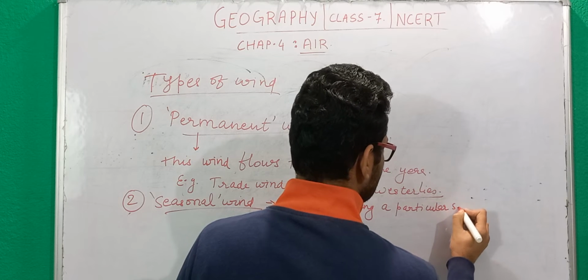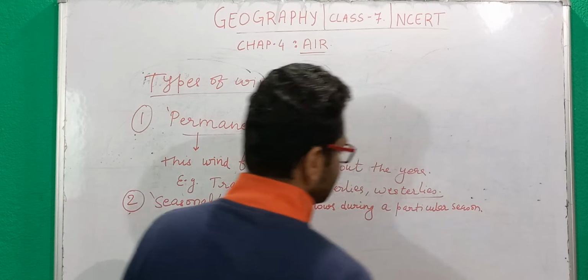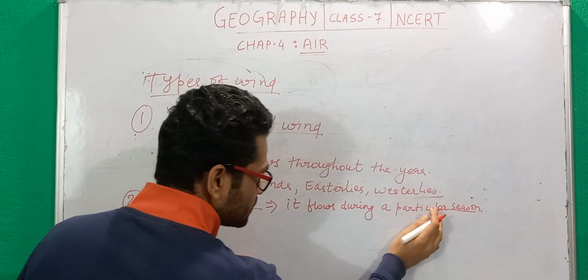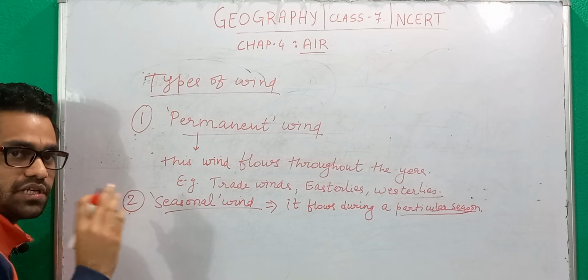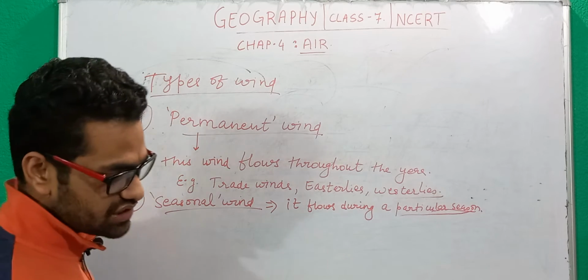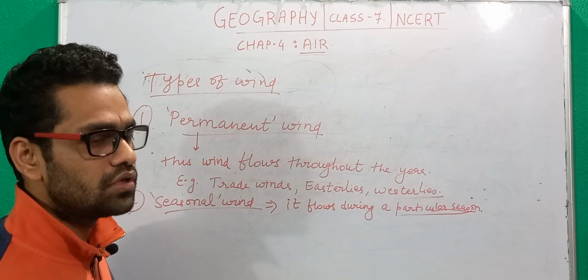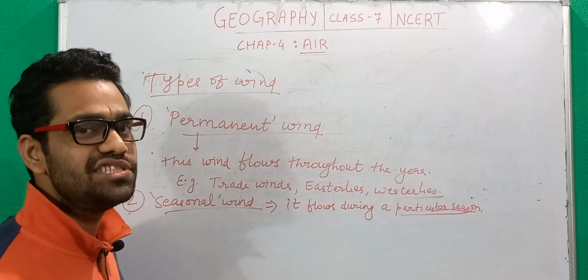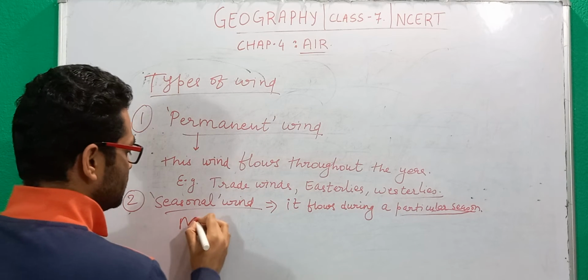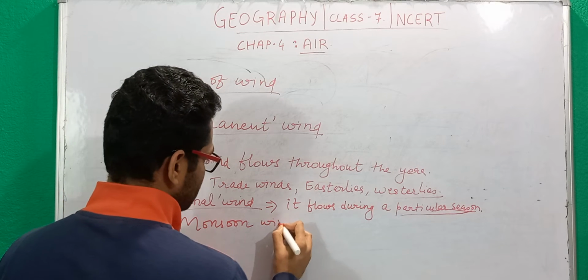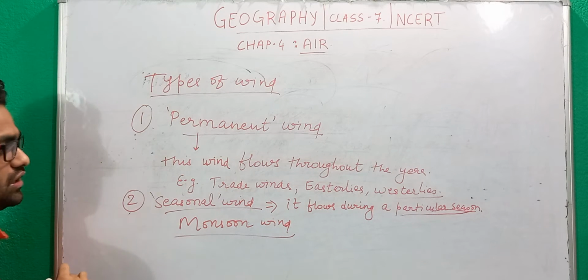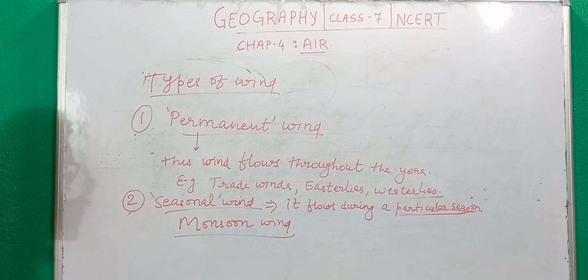When I say particular season, underline it. It means its arrival or its flow will depend upon the season itself. For example, we have the world famous monsoon wind, and accordingly we have the monsoon season.